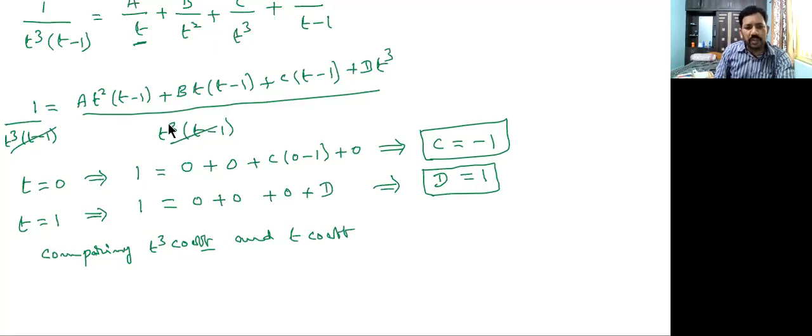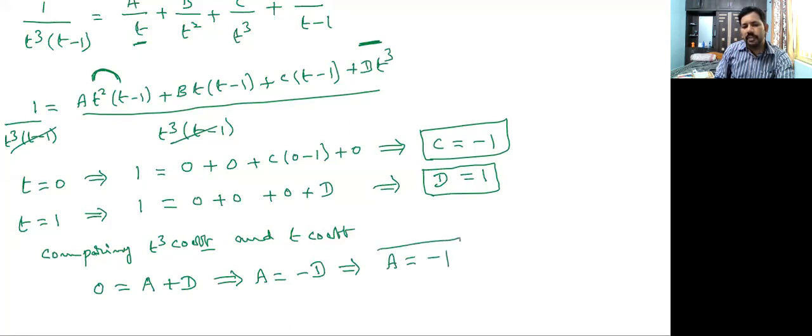Observe the t^3 coefficient first. On the left hand side there is no t^3, so that coefficient should be 0. If you multiply these two, you will get t^3, and that coefficient should be A. Next, here only the t^3 coefficient is D. So A = −D. We already got the D value. So finally, the A value is −1.